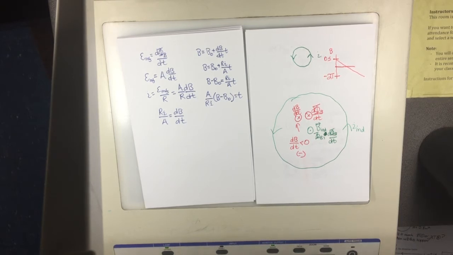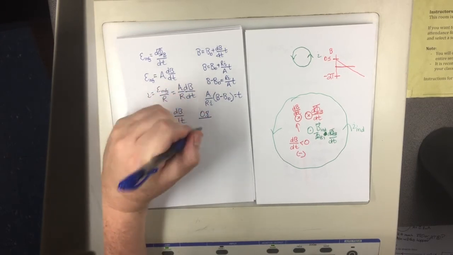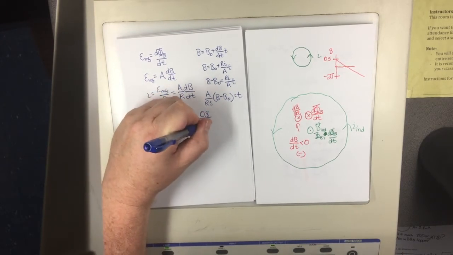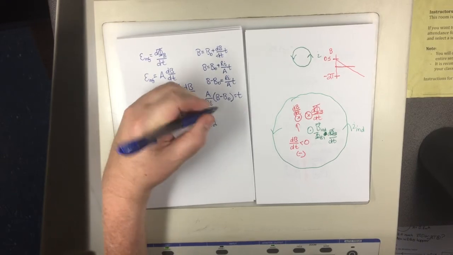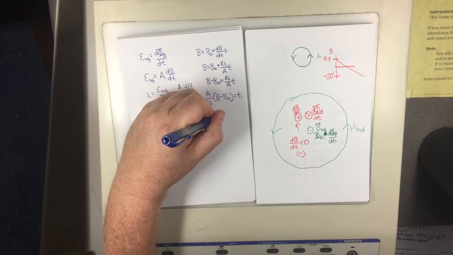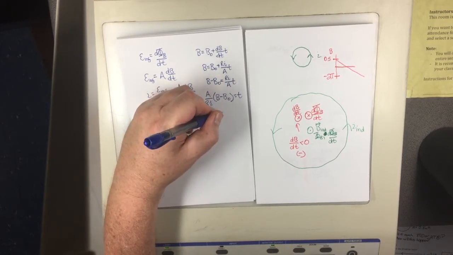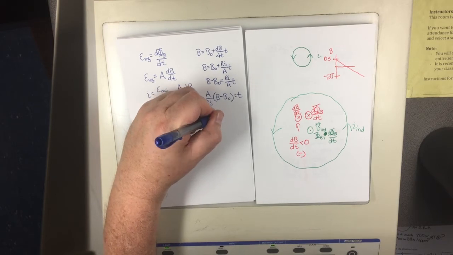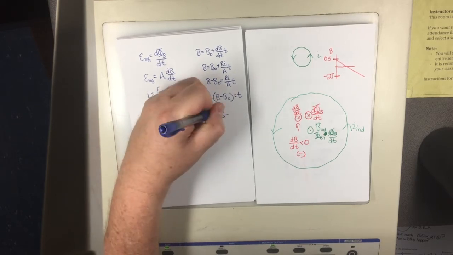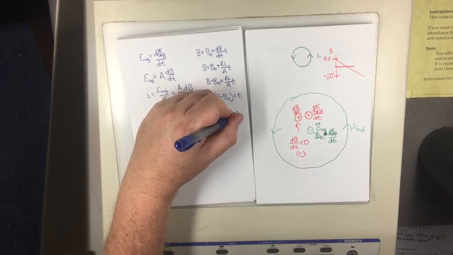So plug stuff in. 0.8, 4, 0.2, B is negative 2 minus B naught, which is 0.5.